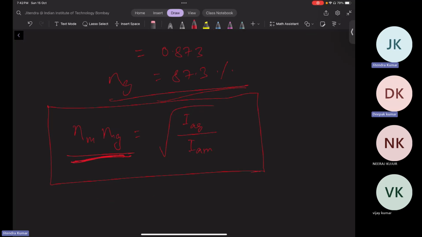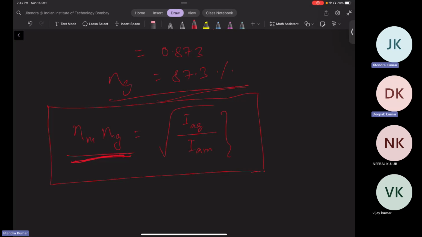Yeah, and if both are equal, then the product will be almost equal. So this is just to show that multiplication of them will not reduce very much if you do not have very much difference between these two parameters.